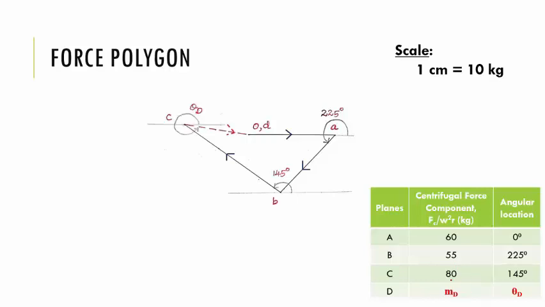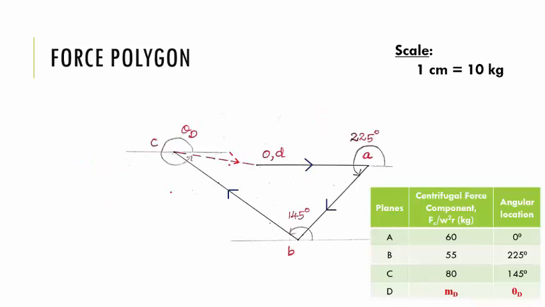So the angular position of the mass to be located at plane D has to be measured from the reference like this. By the measurement, we can note the value of theta D as 352 degree. And by measuring the length of this force component side, that is the closing side, we can calculate the value of MD as 44 kilogram.